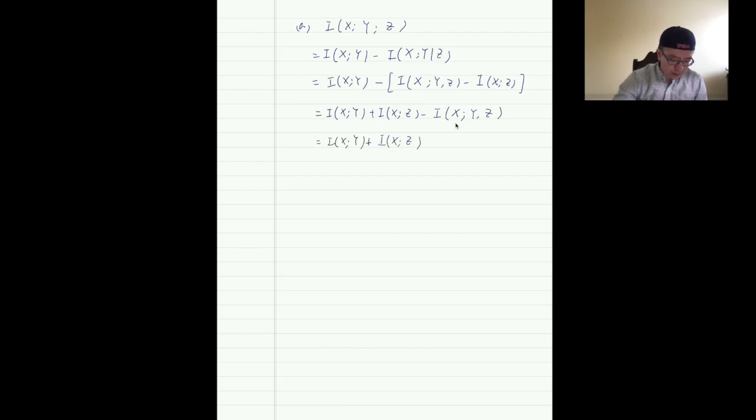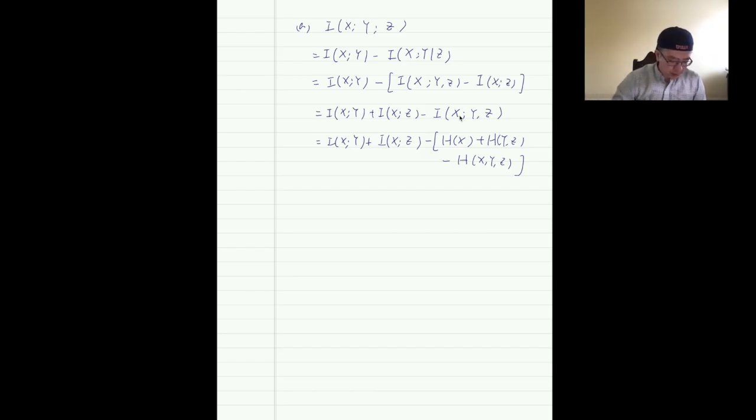Okay, so basically for this, we can use the Venn diagram, or the definition of the mutual information. We can basically write this as entropy of x plus entropy of yz minus the entropy of x, y, z. So yeah, that is like the Venn diagram, like Hx plus Hy minus Hxy equals mutual information.